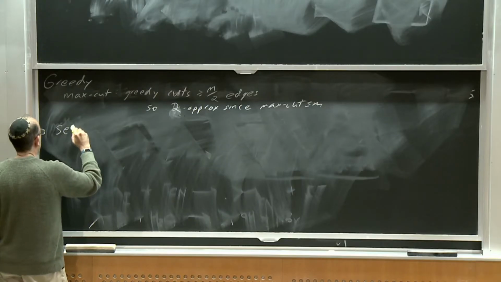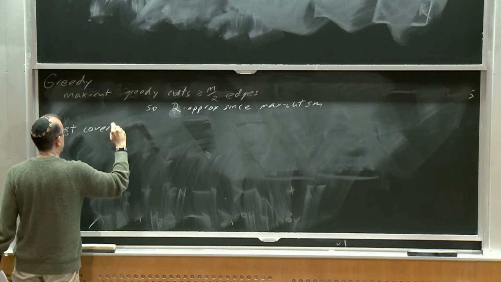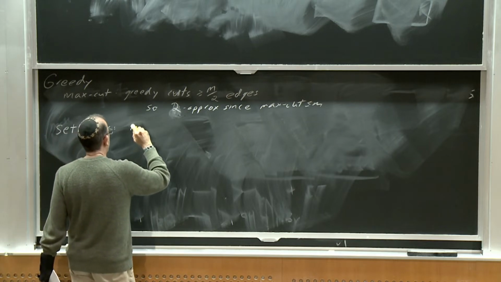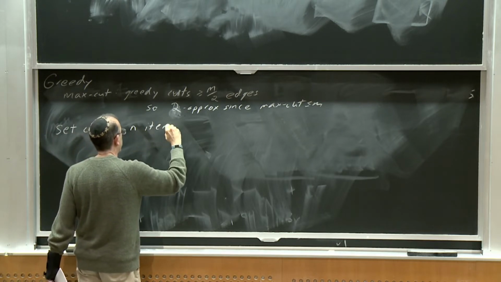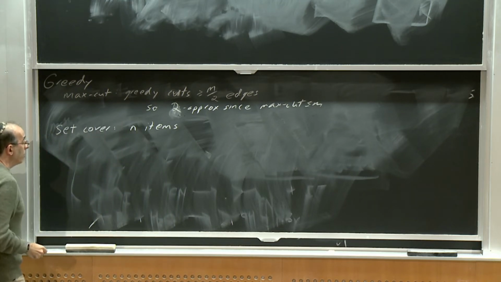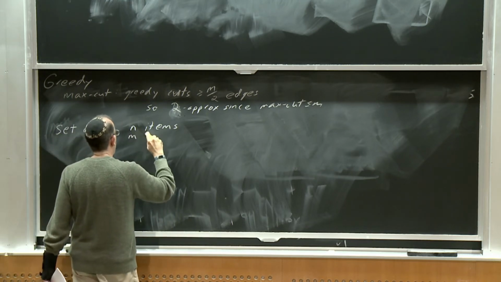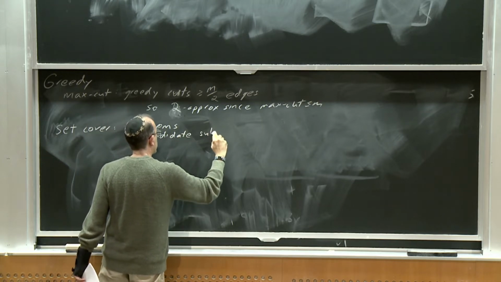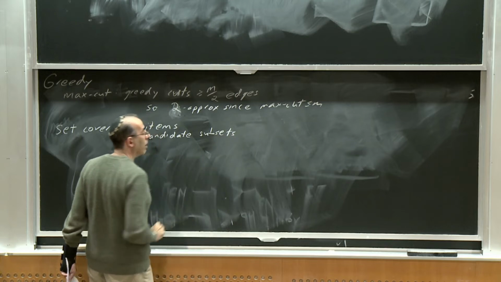Let's talk about the set cover problem. Okay. So in the set cover problem, you've got a collection of n items. And you've got a collection of m candidate subsets of these items.